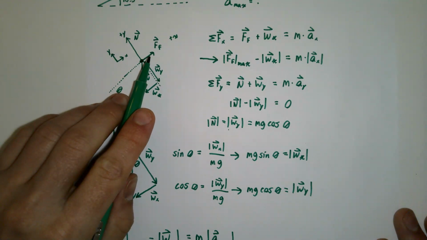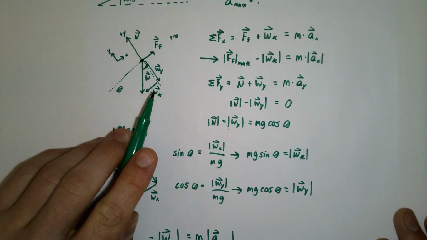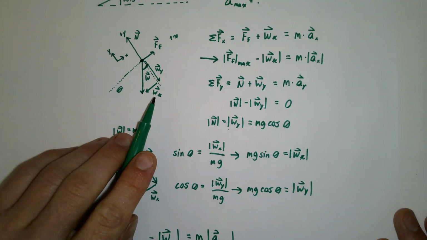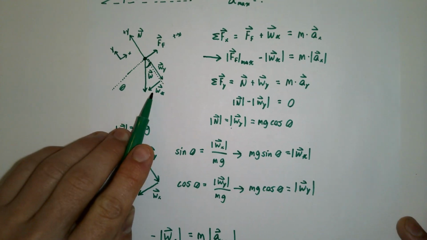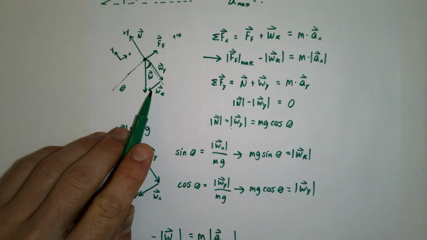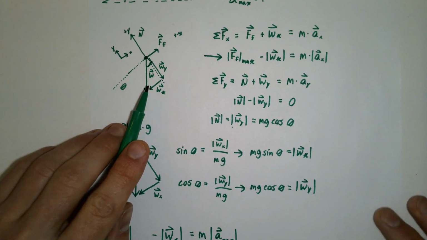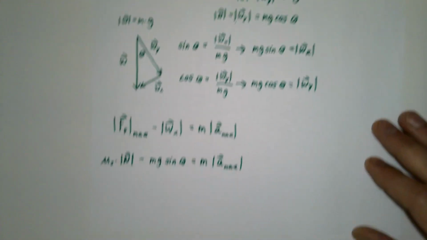That frictional force not only opposes the weight in x, or the x projection of the weight, so it not only supports the crate against the weight in x, it also is used to accelerate the object. Remember, net forces accelerate objects.